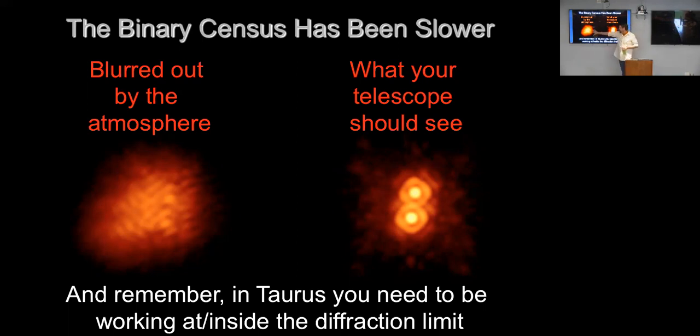If you have a binary system like this and run it through the atmosphere, you get that, due to the turbulence in the atmosphere. Here, it still isn't perfect correction, even though it's behind AO. What our telescopes would show, if not for the atmosphere, is this. And even then, the things we're looking for aren't like this. We're looking for that and another star out of the first null or inside of it. So we're really pushing the resolution limit.